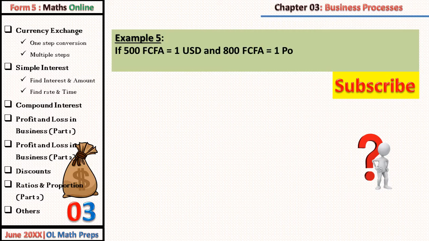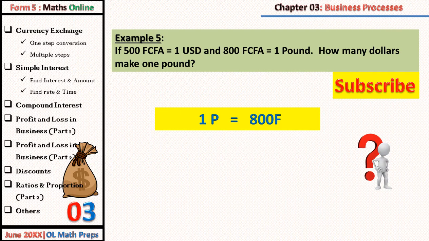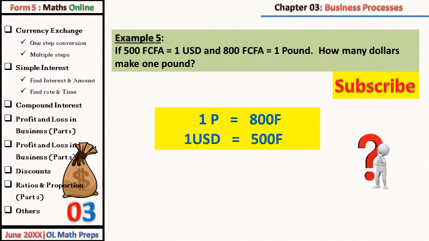And the last example, if 500 francs equals 1 US dollar and 800 francs equals £1, how many dollars make £1? This is a special example. Here, we use all the conversions that have been given. Starting with £1 because we want to convert £1 to US dollars. So we start with that £1. £1 equals 800 francs and 1 US dollar equals 500 francs.